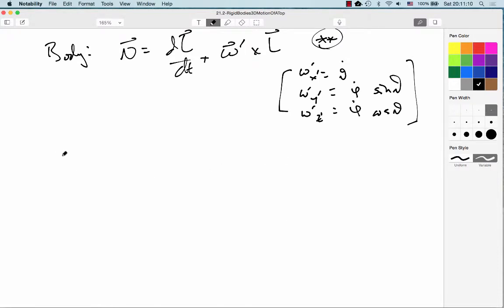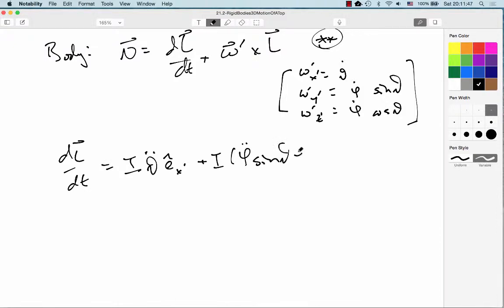So we can write our dL/dt. That's going to be equal to, as I differentiate this through in the primed frame, I've got an I theta dot, so this becomes I theta double dot about my x prime axis, plus I, so now picking out the other pieces here, we'll get a phi double dot sine theta plus, differentiating this part of it, phi dot theta dot cos theta, e_y' hat.